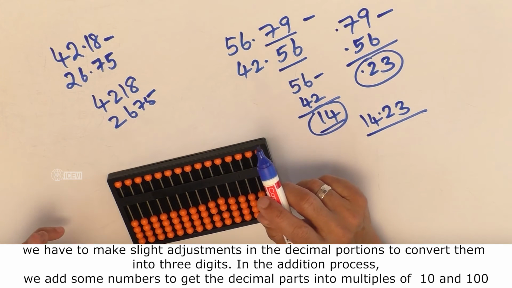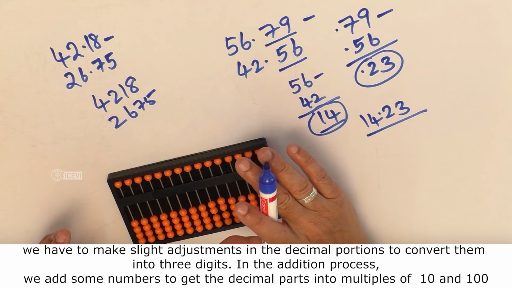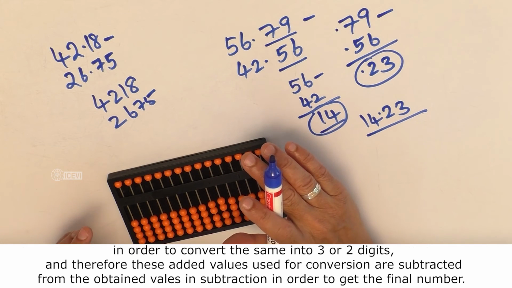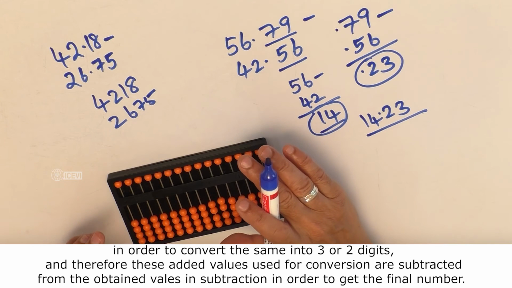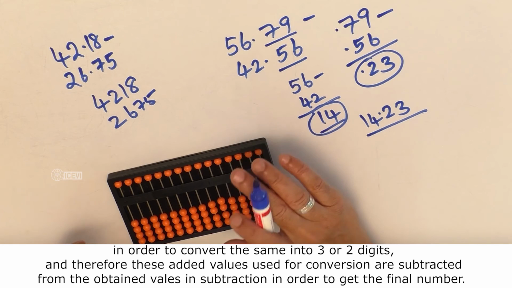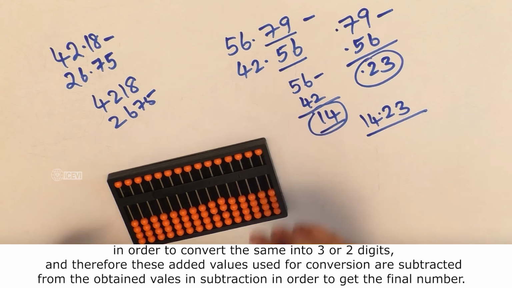In the addition process, we add some numbers to get the decimal parts into multiples of 10 and 100 in order to convert the same into 3 or 2 digits. And therefore, these added values used for the conversion are subtracted from the obtained values in order to get the final number.